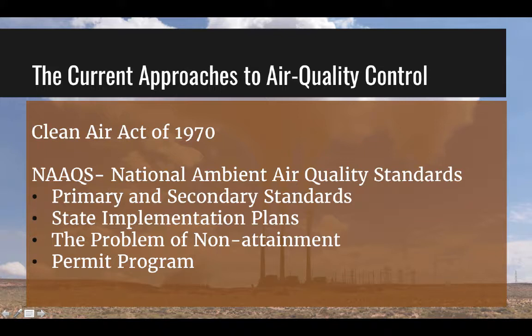At first, EPA set standards for carbon monoxide, sulfur dioxide, hydrocarbons, total suspended particulates, nitrogen oxide, and ozone. The hydrocarbon standard was subsequently dropped, and lead was added after the Natural Resources Defense Council sued Russell Train to require him to set it as a criteria pollutant.